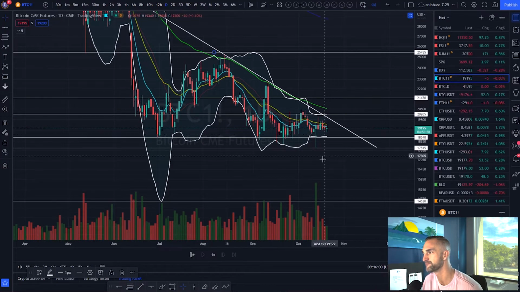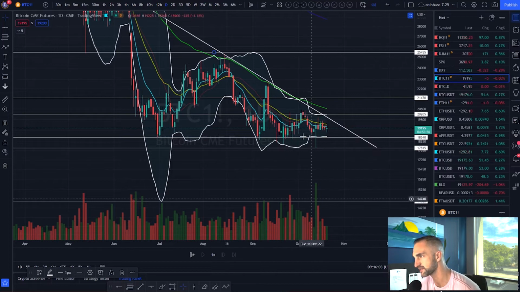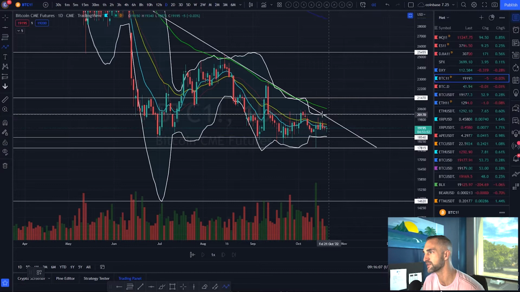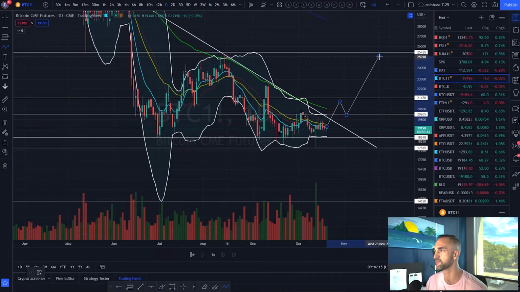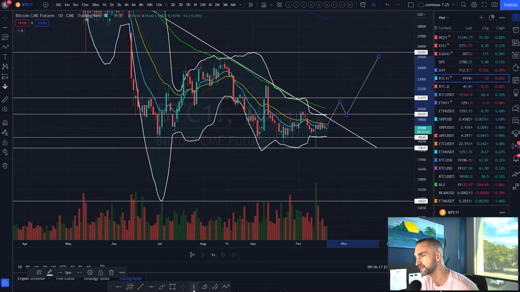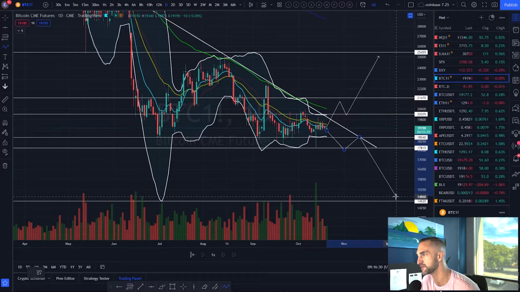And here's how something like this typically goes: you get a break to the upside, then you retest the breakout level, and then you get the big move, and then vice versa to the downside. You typically get something like this. Boom, boom, retest the breakout area, and then you get the big move.